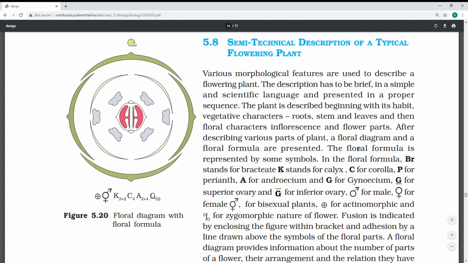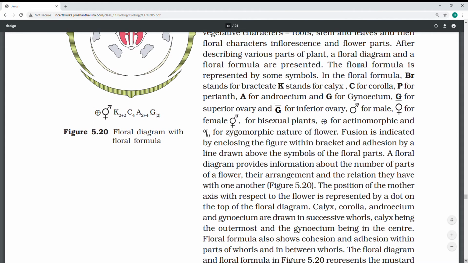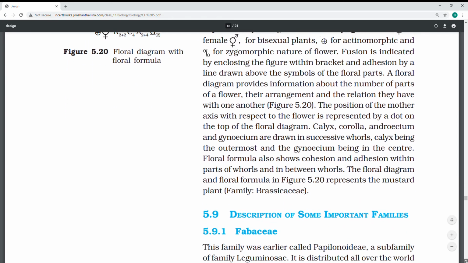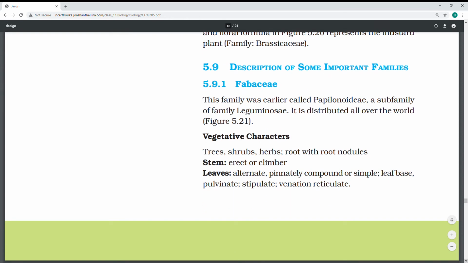See the description they have given, what stands for what: K, C, G. You read carefully. If you read 2-3 times, the first time you won't understand, but the second and third time, which are a little bit tough to understand, you will understand by self reading. Those who understand very fast, with higher IQ level, can go on learning.